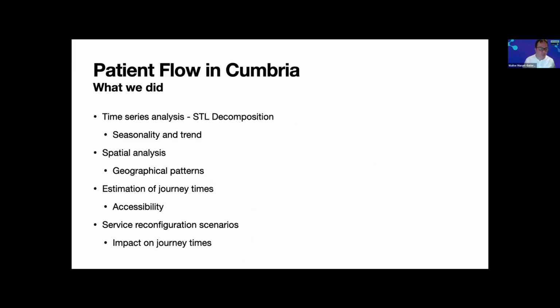And as I mentioned, we use information on roads in order to estimate journey times between different parts of Cumbria to the hospitals. And we also explore what could happen if there were some service reconfiguration or reorganization scenarios, and in particular focusing on how this will affect the journey times of people attending to the hospitals and how that can have effect on accessibility.